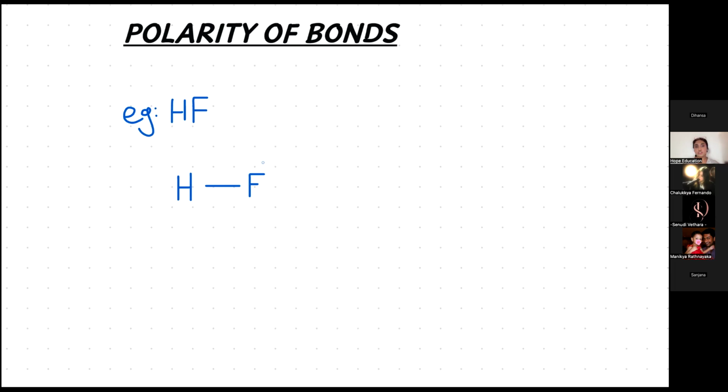Now you should be able to draw the Lewis structure. Lone pairs with dots and bond with one line. This is hydrogen fluoride. So if you take hydrogen fluoride, which out of hydrogen and fluorine has a higher electronegativity? Which one has a higher electronegativity?